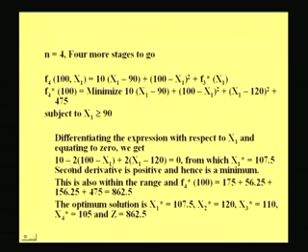So we get 10 minus 2 times 100 minus x1 plus 2 times x1 minus 120 equal to 0, from which x1 star is equal to 107.5. Second derivative would be positive because this is a 2x1 term and this is another 2x1 term. So together we have 4x1. So second derivative will be 4 and it is positive, therefore 107.5 is a minimum.